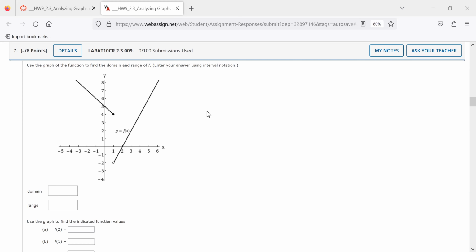I'm gonna assume it keeps going forever. So the question becomes, for the x values, the domain, do I skip any x values? Because it looks like it goes on forever in both directions, right?